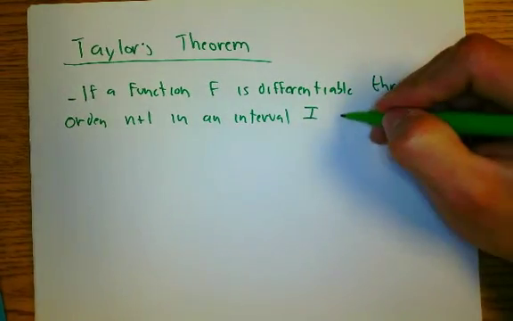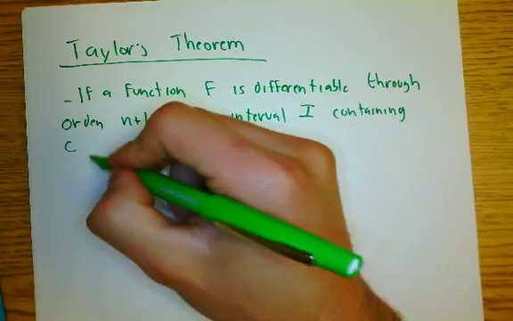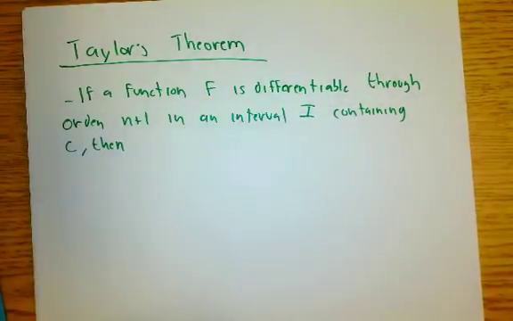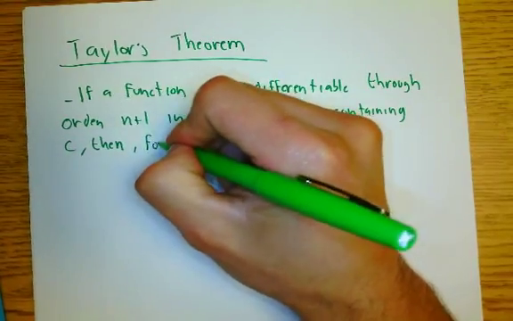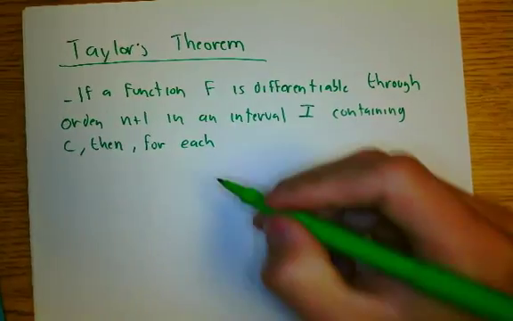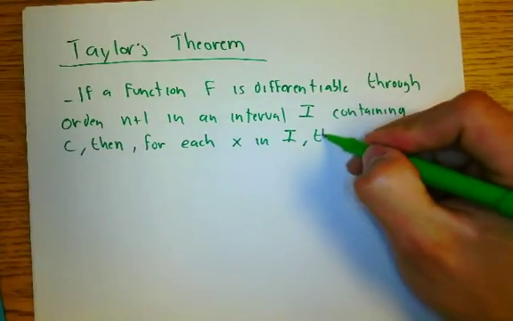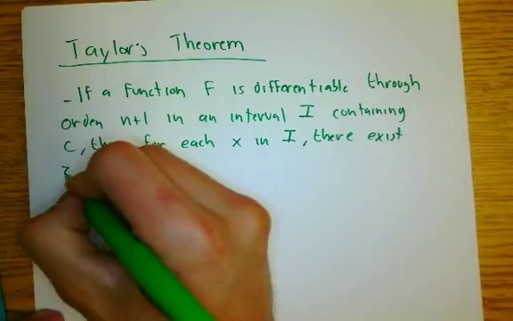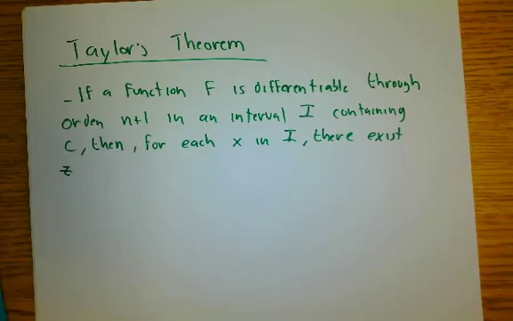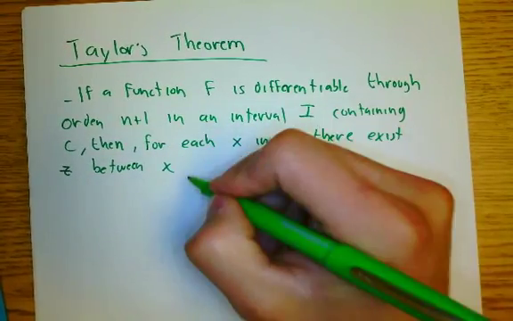What is c again? It's going to be the center. Then, for each x in interval I, there exists z, so now I'm throwing in another variable here, z, between x and c, such that the following is true.